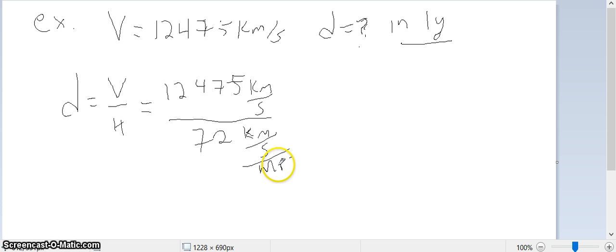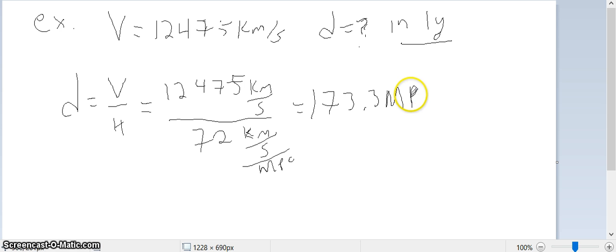When you do that, it's fairly simple and straightforward. The answer you get is 173.3 megaparsecs. And remember, mega is millions of parsecs.